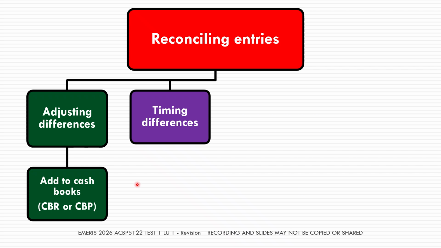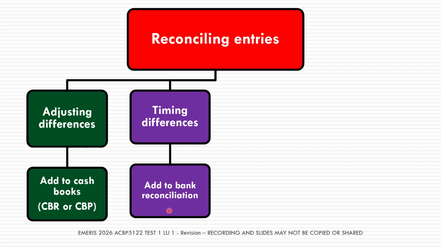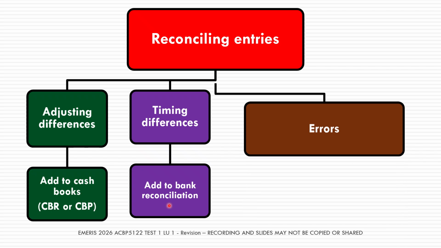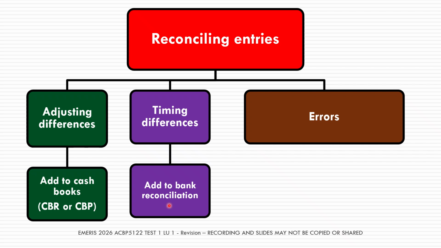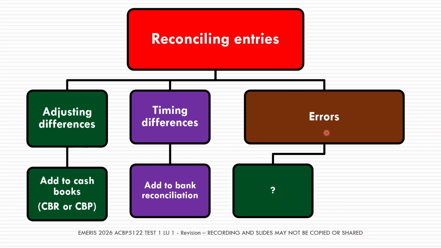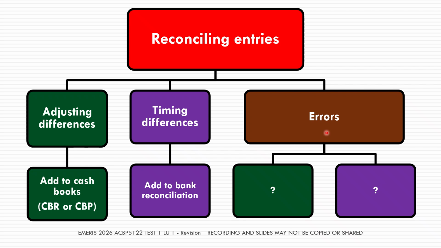The next category is our timing differences, and timing differences are always included on the bank reconciliation statement. And then the third category of possible reconciling items, these are errors. And when it comes to errors, we need to unpack that a little bit further.